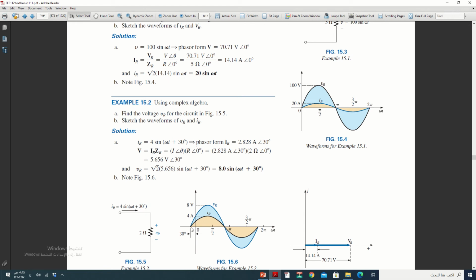Only in the drawing it will start from minus, but when we write it in phasor form, you will write the same angle here, 30. If it is minus 30, you will write here minus 30. But here plus 30, write here plus 30. And 2 with angle 0, which is the resistor here, you will find the answer 5.656 volt and angle 30.